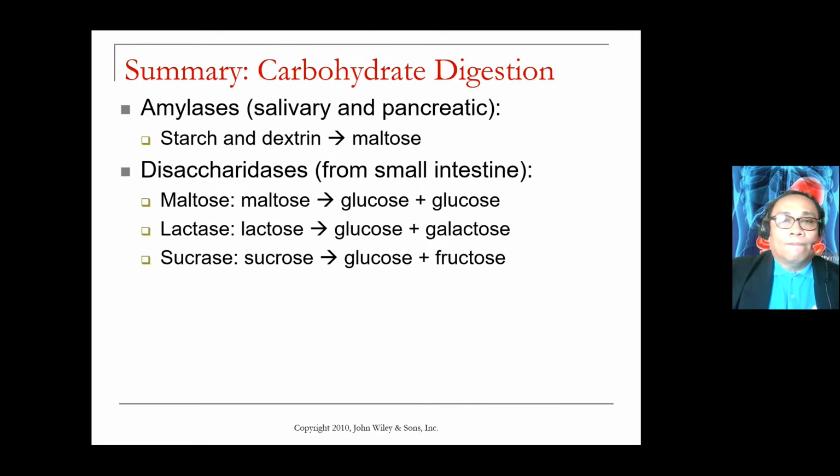So in summary, for carbohydrate digestion, what carries it out initially would be amylases, and in the small intestine, disaccharidases. The end products would be from the breakdown of maltose, lactase that breaks down lactose, and sucrase that breaks down sucrose.